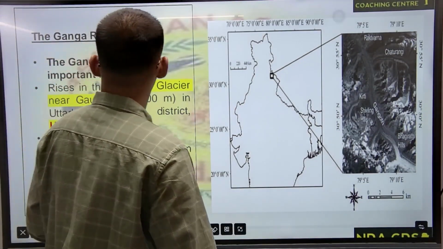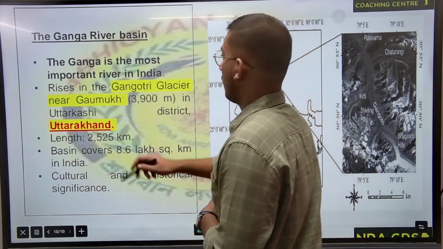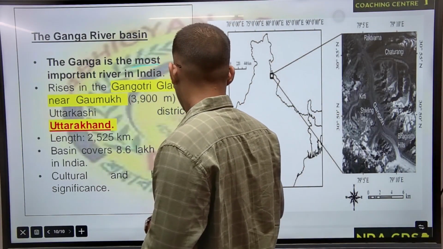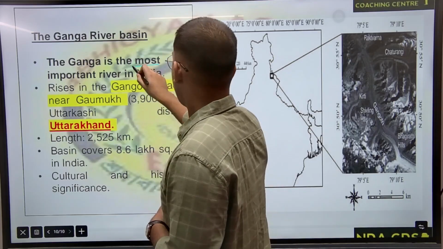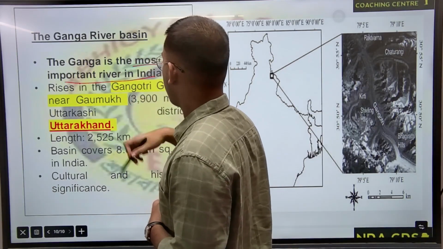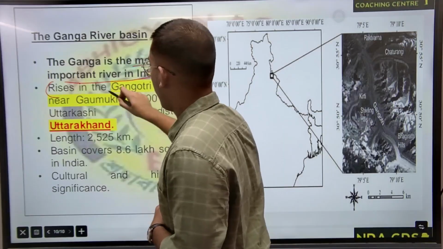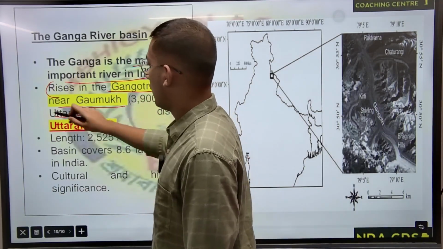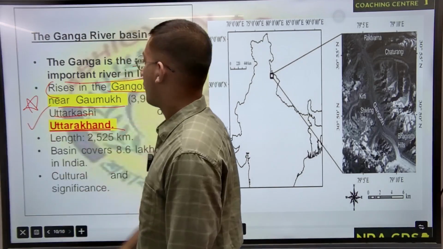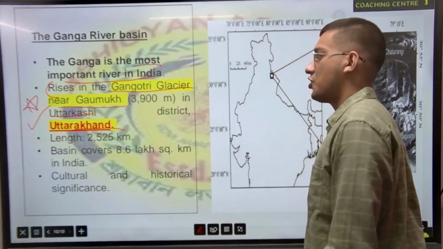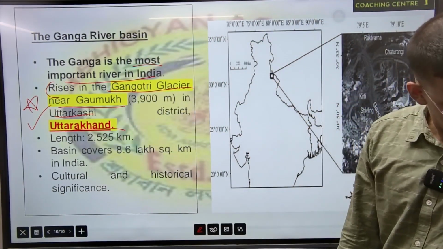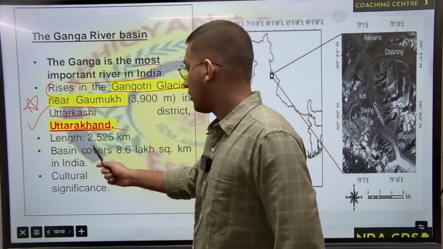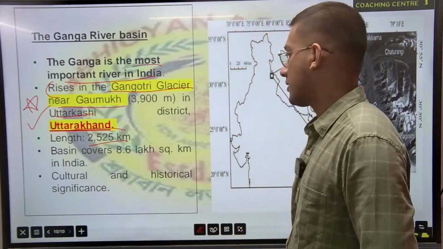So if we just go through here, the Ganga River basin is one of the most important rivers in India. It starts at Gangotri Glacier near Gaumukh in Uttarkashi, Uttarakhand. Its length is 2,525 kilometers.